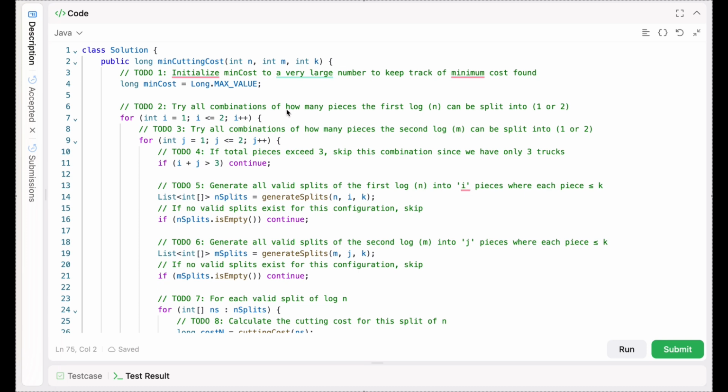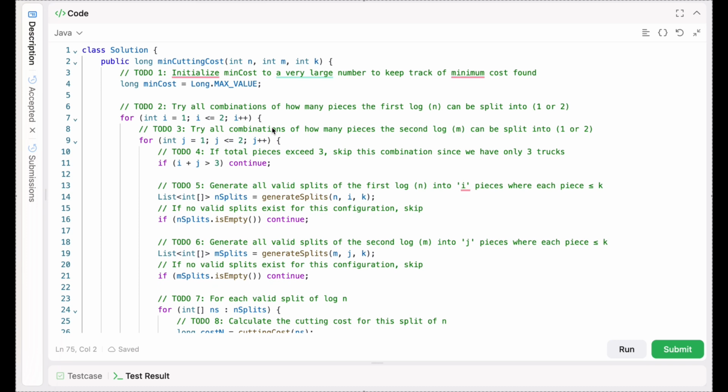Okay, now what will be our approach? Our approach will be to decide how many pieces for our logs, let's suppose log n and log m, each 1 or 2, right? So total pieces, pieces of n plus pieces of m, should be less than or equal to 3.